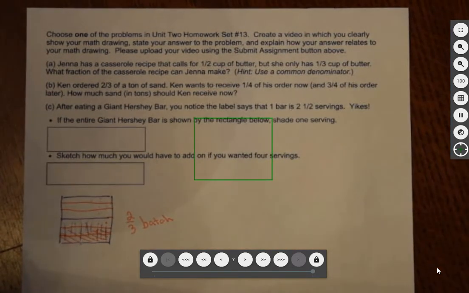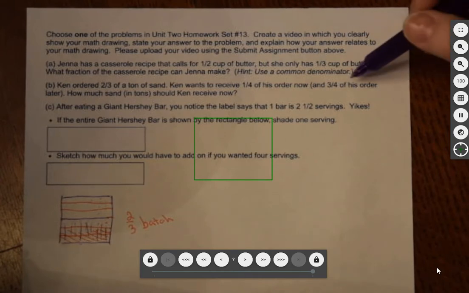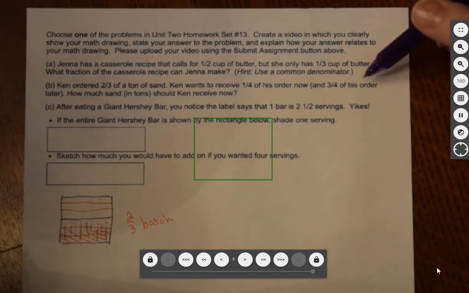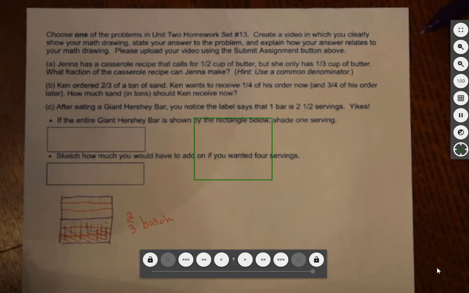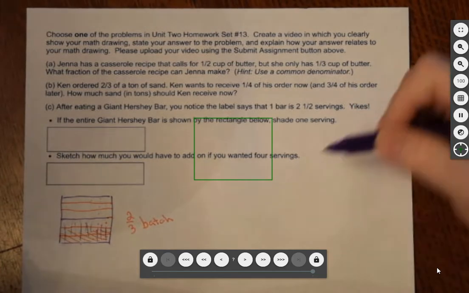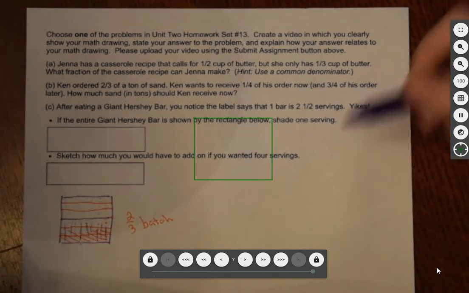Okay, part B says Ken ordered 2/3 of a ton of sand. Ken wants to receive a fourth of his order now and 3/4 of his order later. How much sand in tons should Ken receive now? So he ordered 2/3 of a ton.